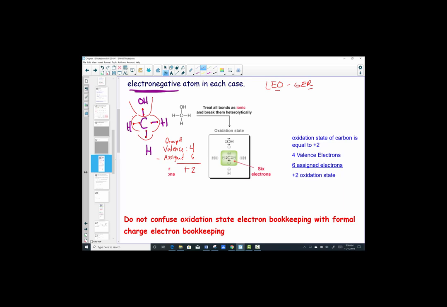So the difference is the way that we assign electrons to determine oxidation state. The number of valence electrons comes from its group number on the periodic table. The number of assigned electrons comes from a heterolytic bond cleavage, assigning all of the electrons in the shared pair to the more electronegative element. In doing so, we find that carbon in this state is a +2 oxidation.